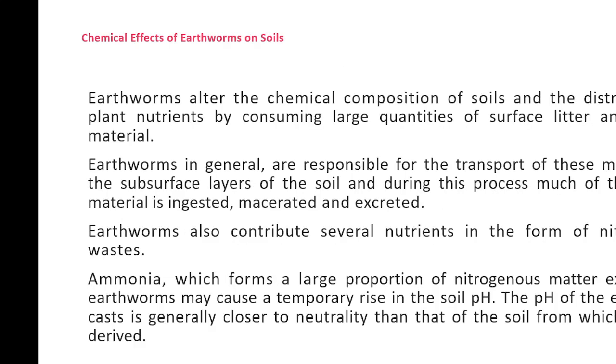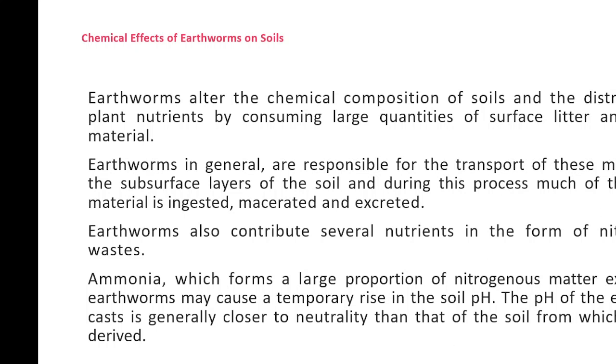Then coming to the chemical effect. Earthworms will be altering, meaning changing, the chemical composition of soil and the distribution of plant nutrients by consuming large quantities of surface litter and organic material.